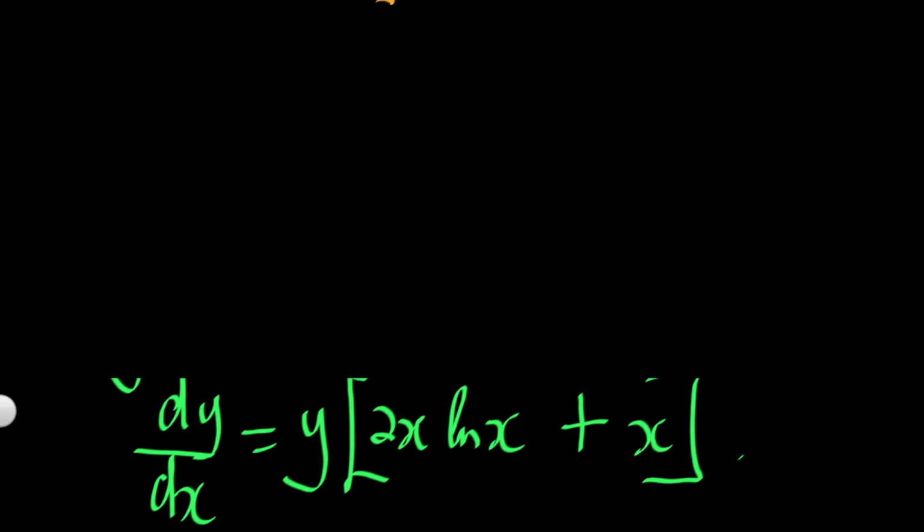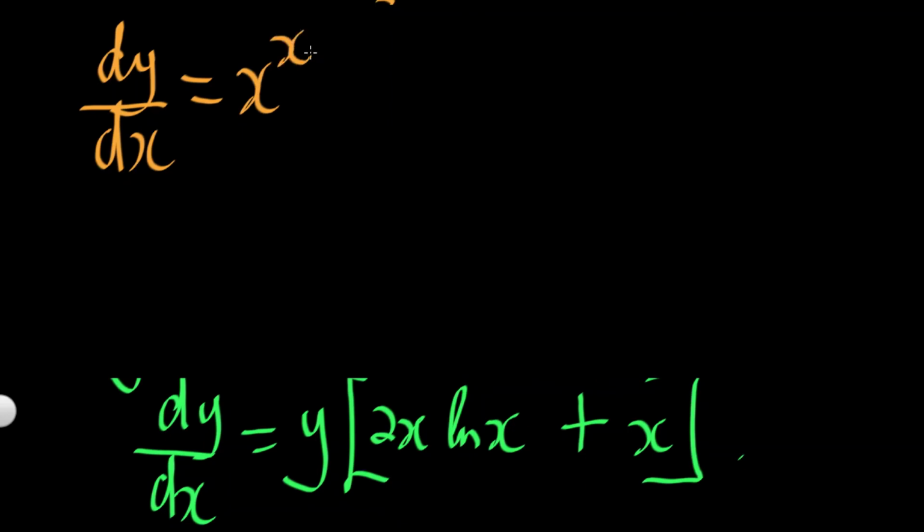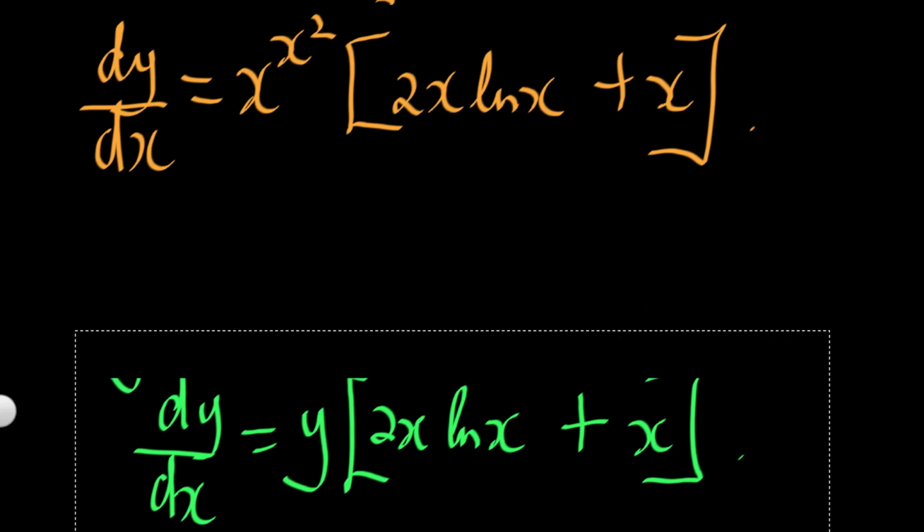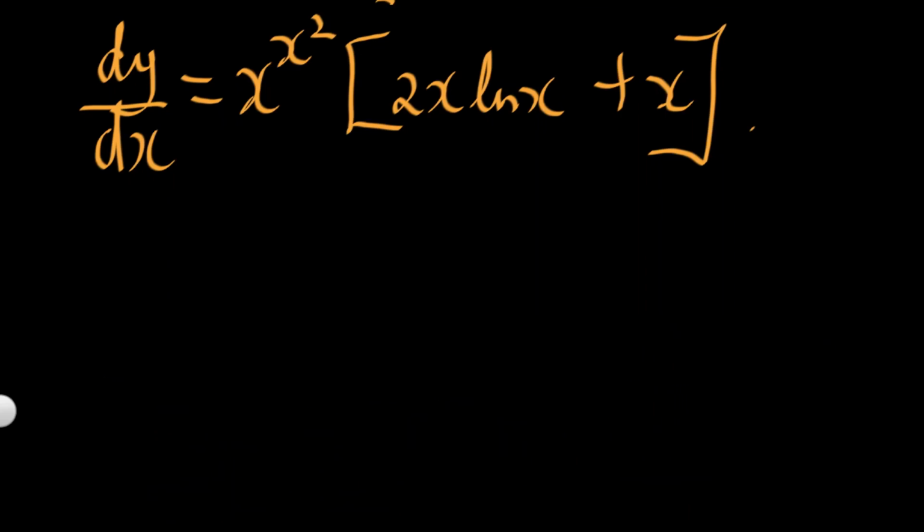All right, so the final answer is dy dx equals, where there is y, we're going to put x to the power of x squared, open the bracket, we got 2x ln x plus x. This is our final answer. That's our final answer. And we can get all our marks.